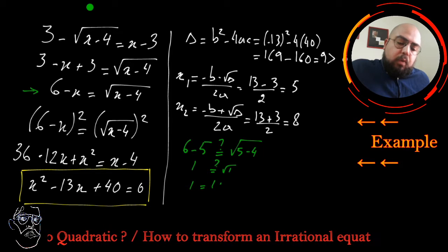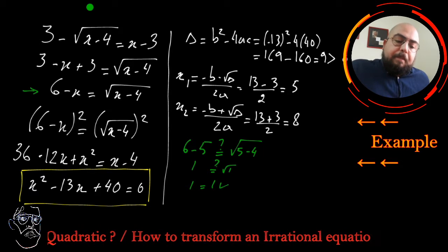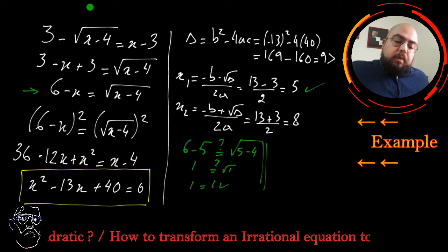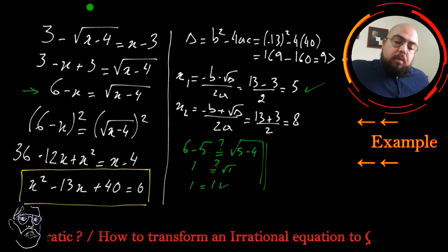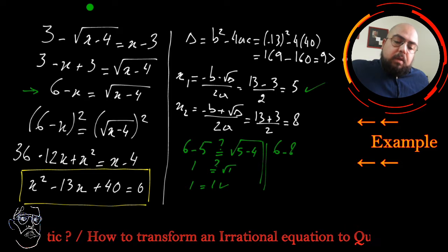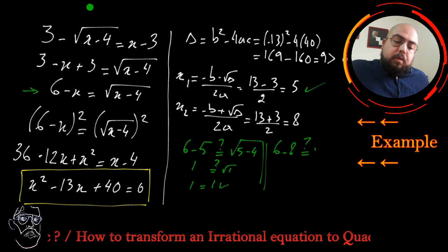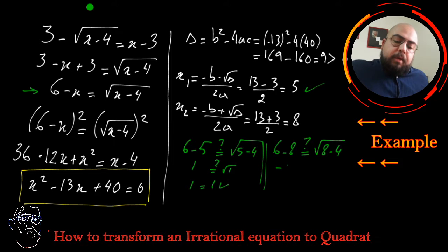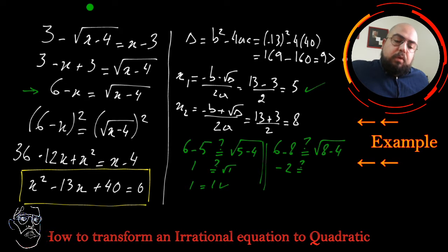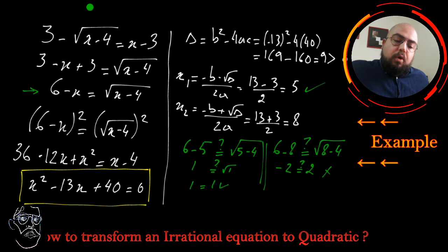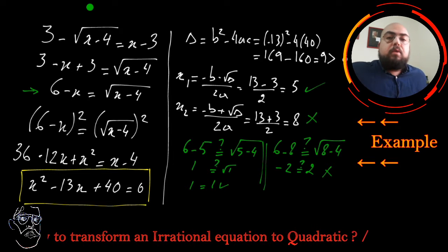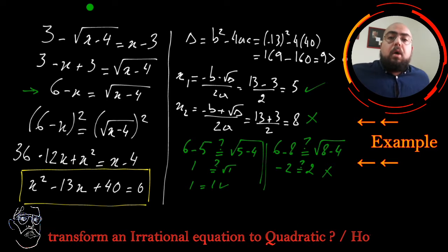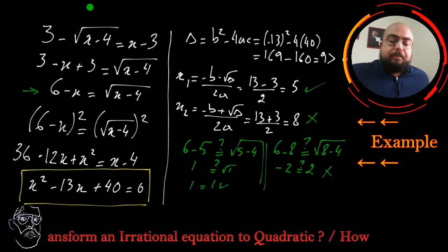Yes, 1 is equal to 1, so this root is acceptable. Now what about the second one? 6 minus 8, is it equal to the square root of 8 minus 4? Minus 2, is it equal to the square root of 4, which is 2? No, so this value is not acceptable. So this is how you solve your irrational equation.